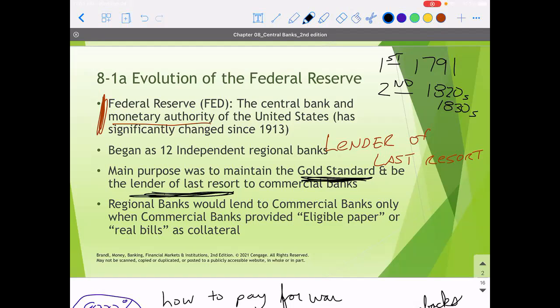One of the earliest things that Franklin Roosevelt does with the Great Depression is that he suspends the gold standard. And so then cash can be printed more freely.